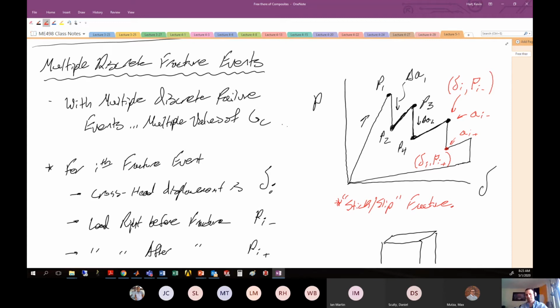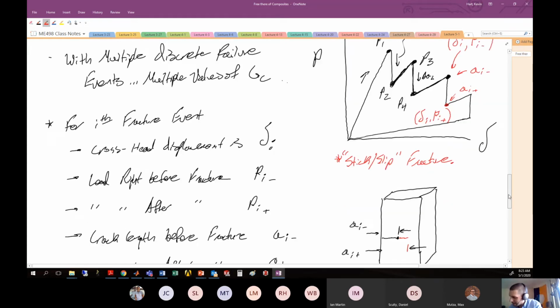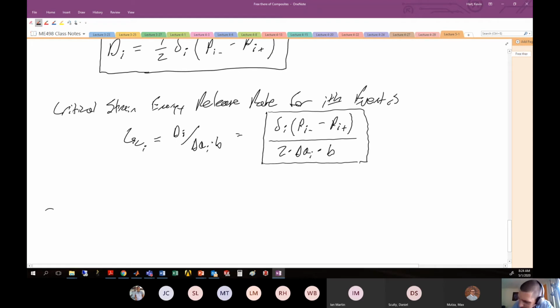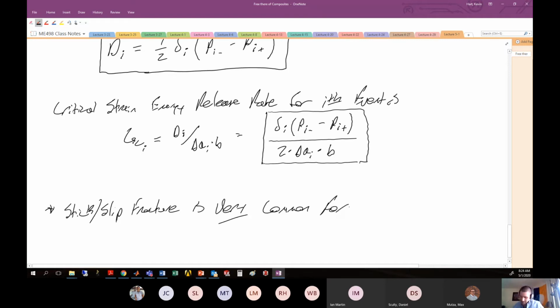All right. Stick-slip fracture is very, very common for composite materials. I'll make this caveat here. It's very common for woven composite materials.